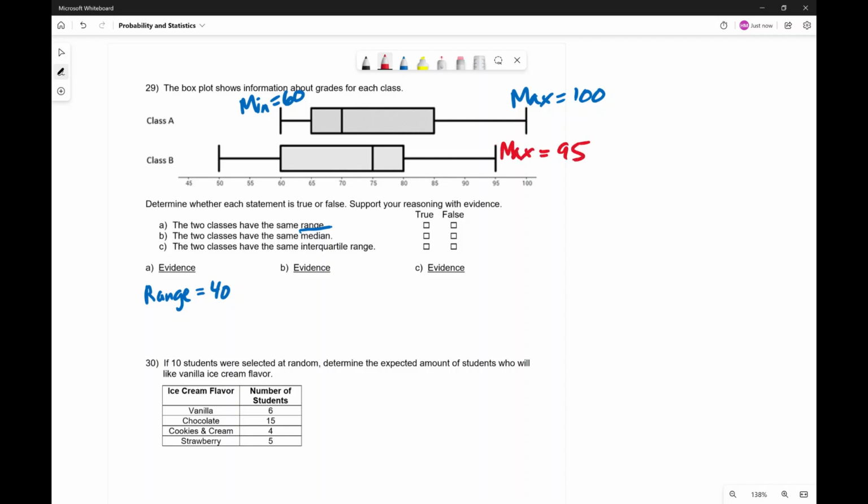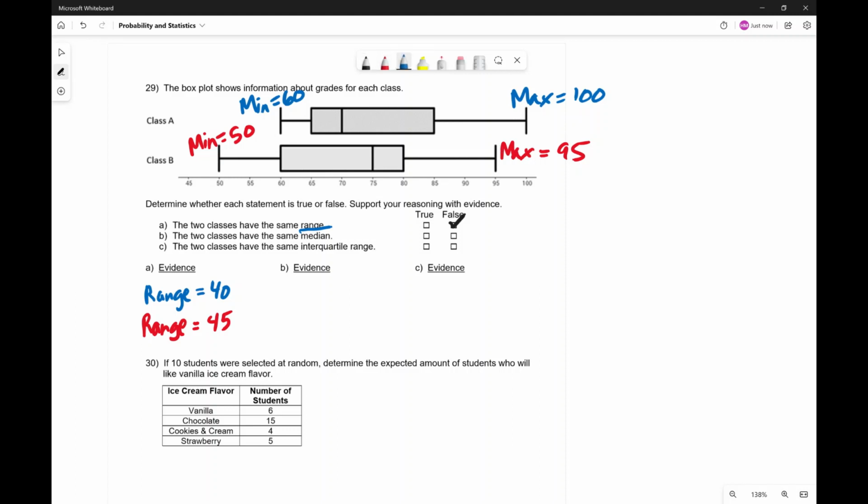And the minimum is at 50. To find the range for class B, 95 minus 50 is 45. So is this true or false? They have the same range. It is false. Class A has a range of 40 and Class B has a range of 45.